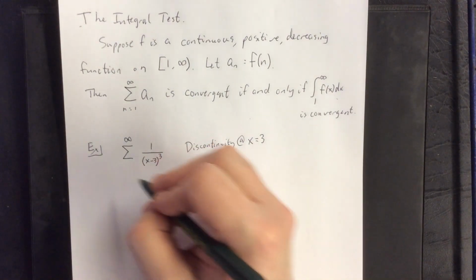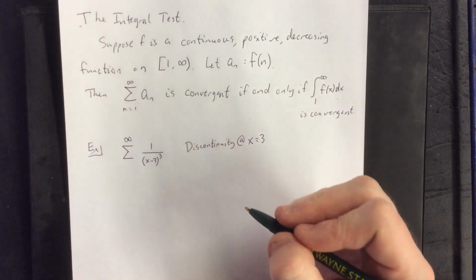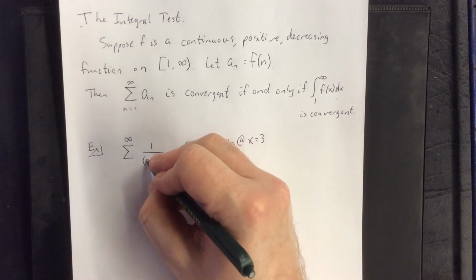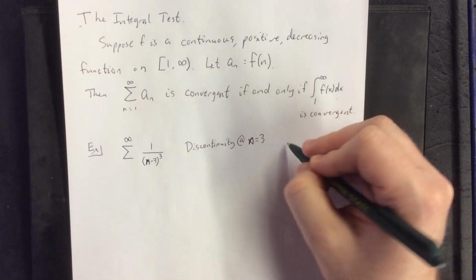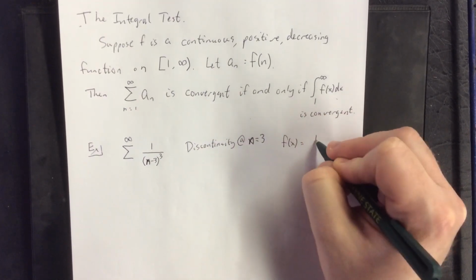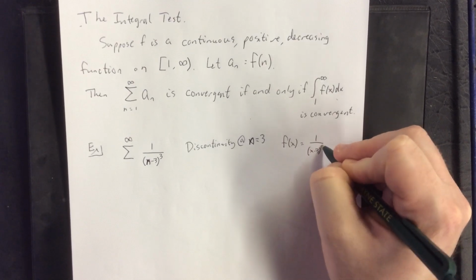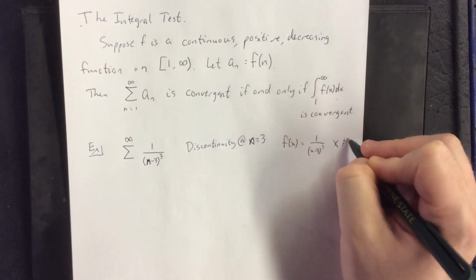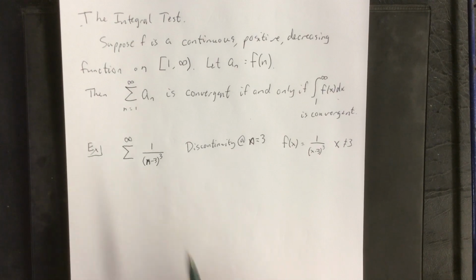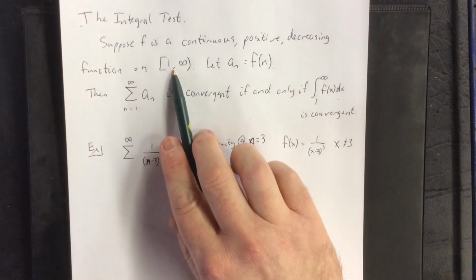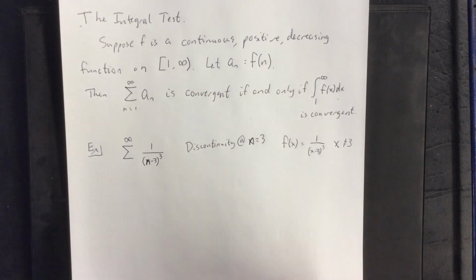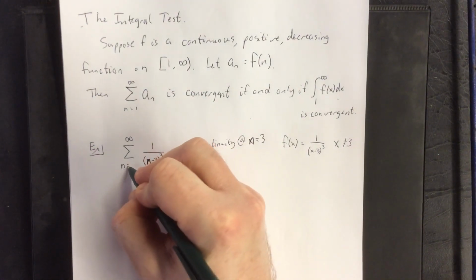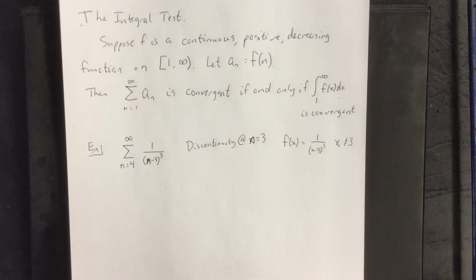That just means that if I am going to set up a series like this, this should be an n, and this will be an n as well. However, if we were to talk about the function f of x equals 1 over x minus 3 quantity cubed, then you would have a discontinuity at x equals 3. Because of that, we definitely can't start the series at n equals 1, because after 1 it would go to 2, and then it would go to 3, and we have a discontinuity there. So as long as you're starting at a value of 4 or greater, you could still apply the integral test to what we're doing.